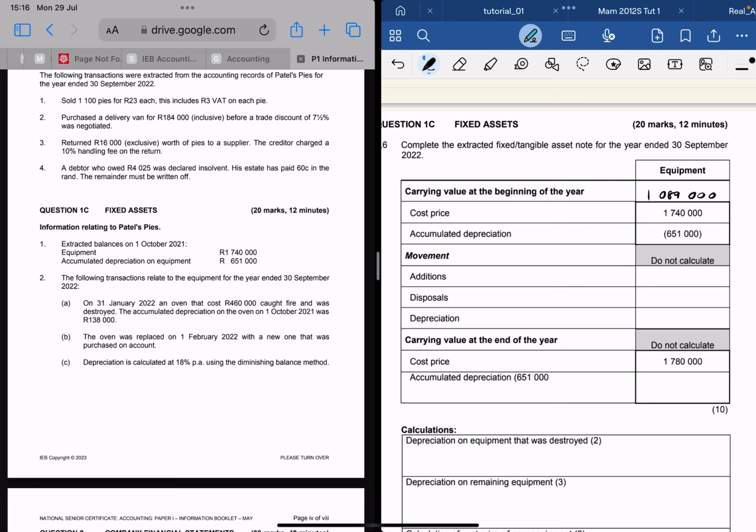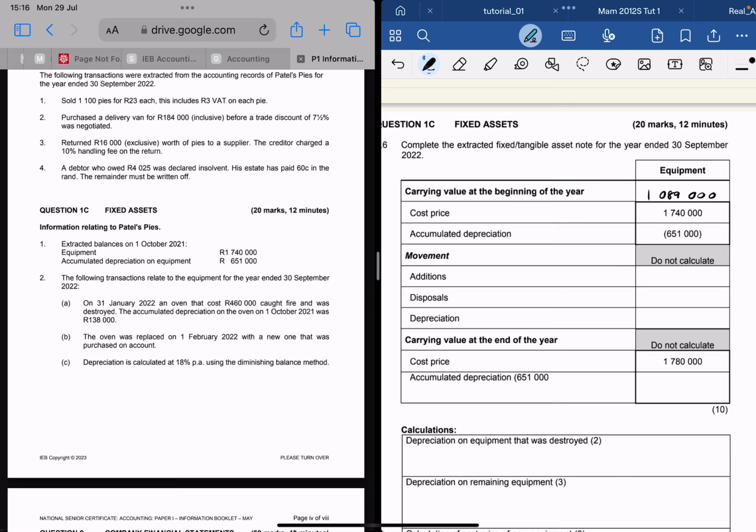Done with that. Now, when we come to the information booklet, extracted balances on 1 October 2021. Extracted balances basically means these were the values in the books at the start of the financial year. We can see the start of the financial year is the 1st of October 2021, and the end of the financial year, if you go to number 2, it says for the year ended 30th September 2022.